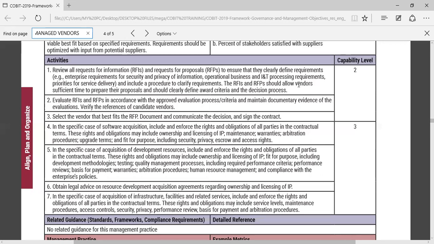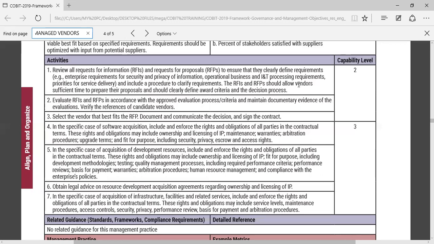Number two, evaluate RFIs. All right. Request for information and request for proposals in accordance with the approved evaluation process or criteria, and maintain documentary evidence of the evaluation. Verify the references of candidate vendors. So, of course, when the vendors are responding to the request for information and the request for proposals, they are expected to include references to sites, to organizations that they worked for in the past, okay?